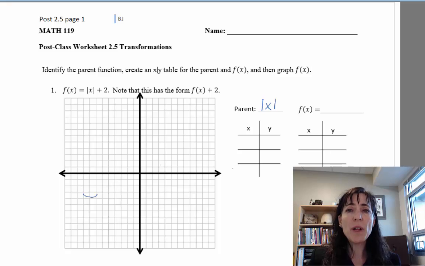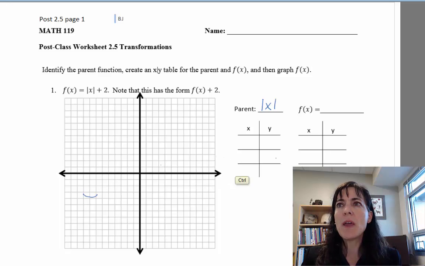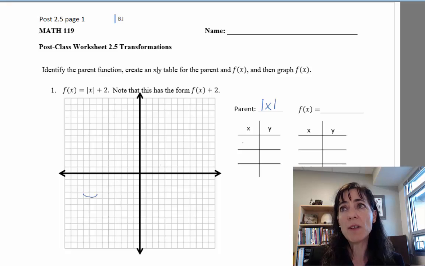And what I know about the absolute value of x is that it's symmetric, so whatever I find on one side, it should match on the other side. So I just want to find 3 points that I think will be helpful for graphing. So -1, 0, and 1 should help me. If I plug -1 into the absolute value, I get a +1. 0 in, I get 0, and I plug 1 in. Remember, it'll stay positive, so I'll have a +1.